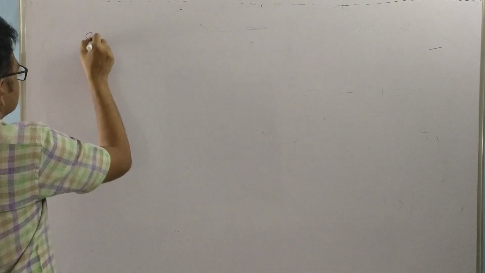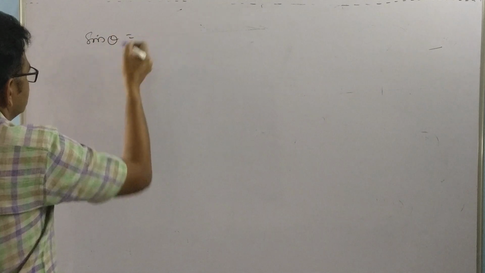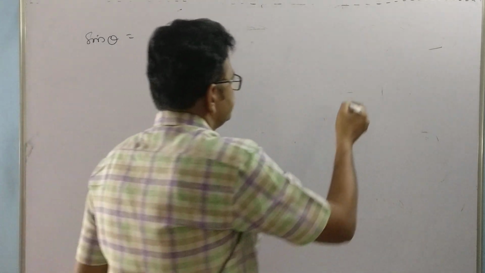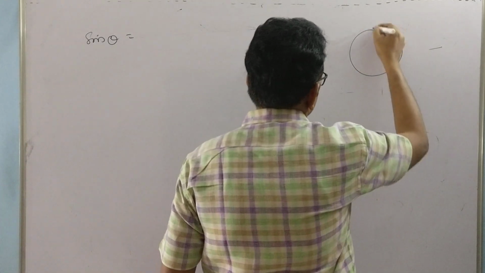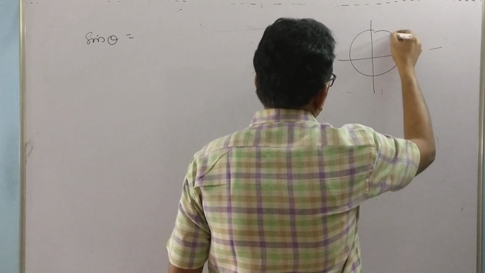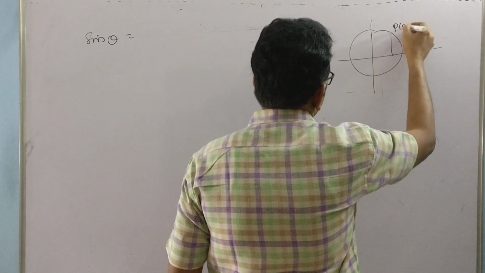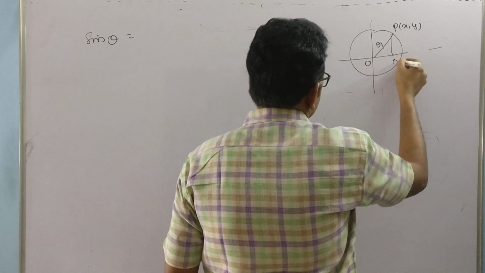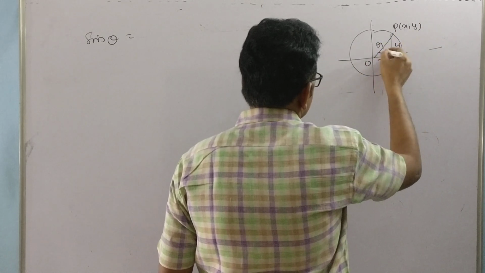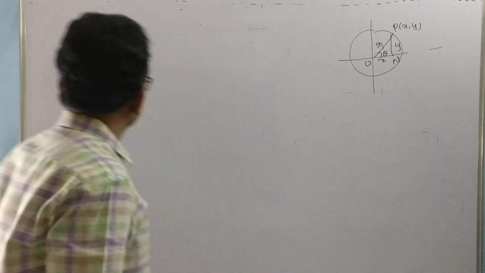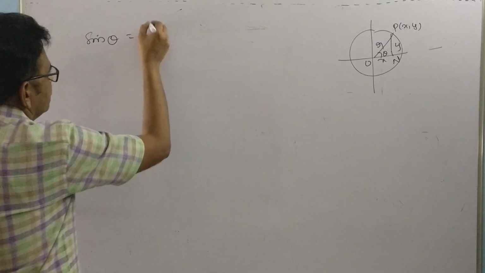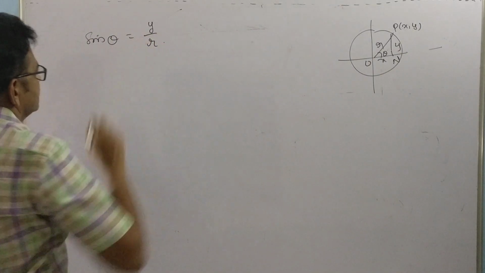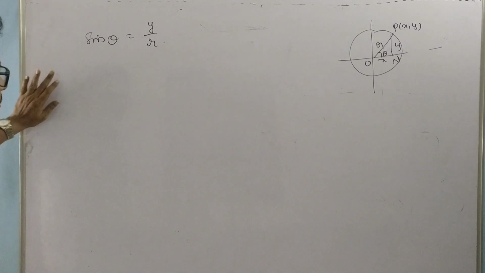Now again, sin theta. This is the point P(x, y), this is r, x, y, theta. Sin theta is equal to y by r.